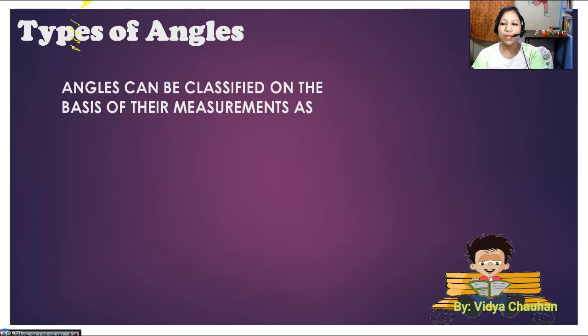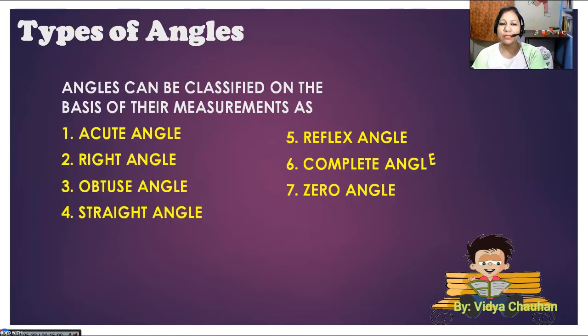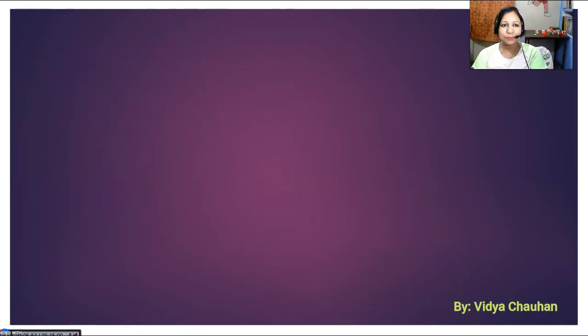Here are the different types in front of you: acute angle, right angle, obtuse angle, straight angle, reflex angle, complete angle and zero angle. These are the 7 different types of angles known to us.